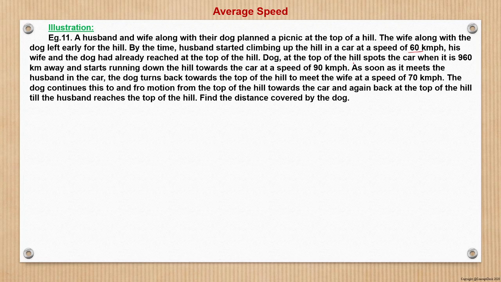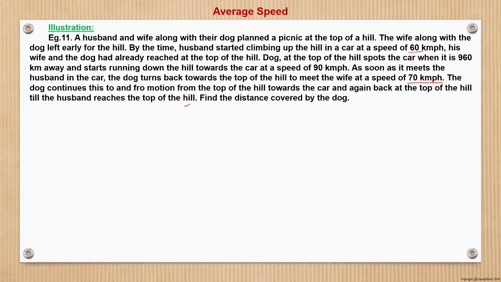The dog at the top of the hill spots the car when it is 960 km away and starts running down the hill towards the car at a speed of 90 km per hour. As soon as it meets the husband in the car, the dog turns back towards the top of the hill to meet the wife at a speed of 60 kilometer per hour. The dog continues this to and fro motion from the top of the hill towards the car and again back to the top of the hill till the husband reaches the top of the hill. Find the distance covered by the dog.